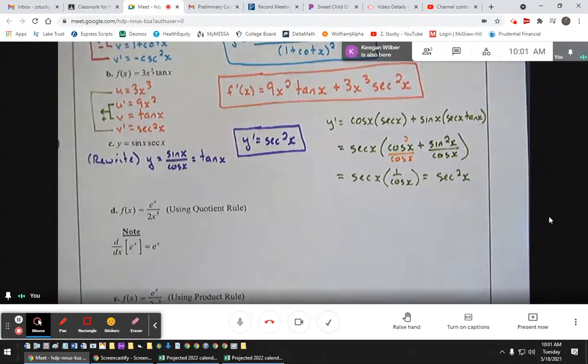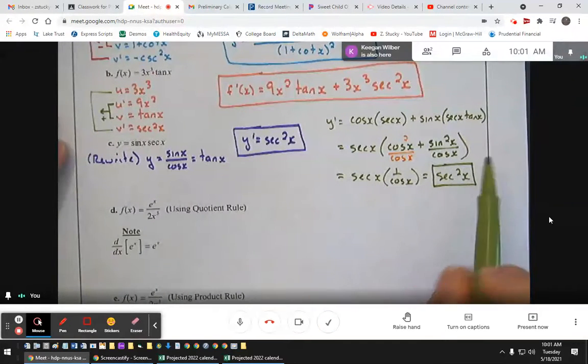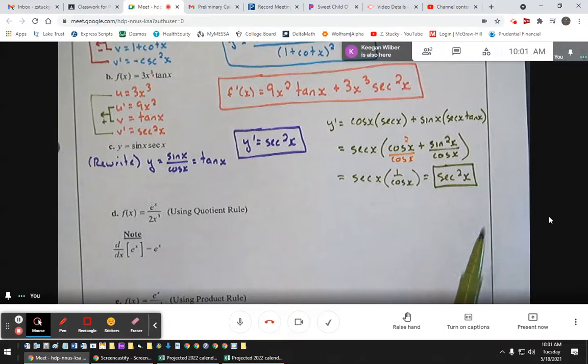Now, if this was a multiple choice problem, I guarantee that they would write their answer as secant squared. So you would have to do all this cleanup to get there. You're going to have to clean up at some point. Why not clean up at the beginning so that you don't have to clean up at the end? That's the point of this example, all right? So I know it's tough. All of the stuff that you've done since like 5th grade is now in the mix.